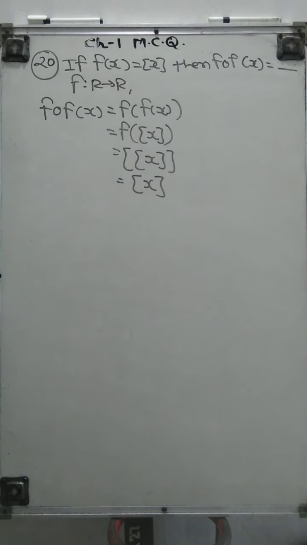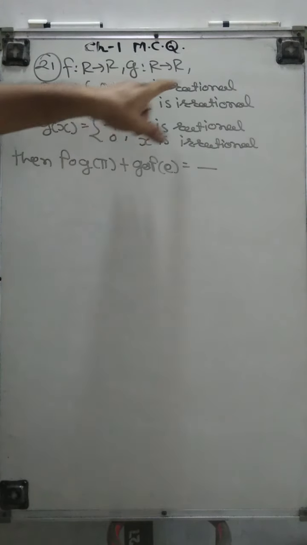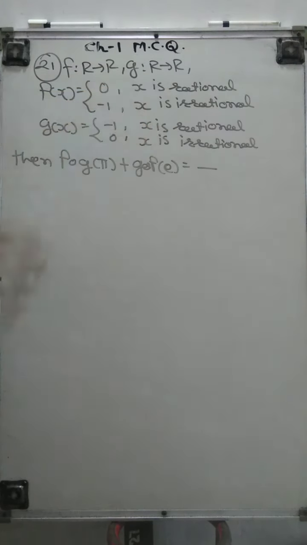Okay, then we go for the next one, 21. Now the 21st sum: f and g both are defined from R to R. f(x) = 0 for x rational and -1 for x irrational. In the same way g(x) = -1 if x is rational and 0 if x is irrational, right?